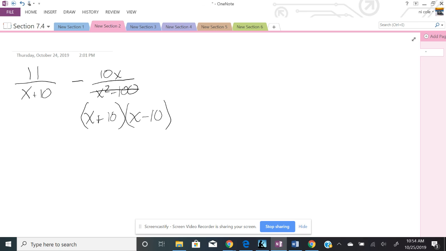All right, so over here, I'm going to put this in parentheses. This has an x plus 10, and this one has an x plus 10, but this has an x minus 10. This one does not, so I need to add an x minus 10. So I'm going to multiply it by x minus 10 on the top and the bottom.